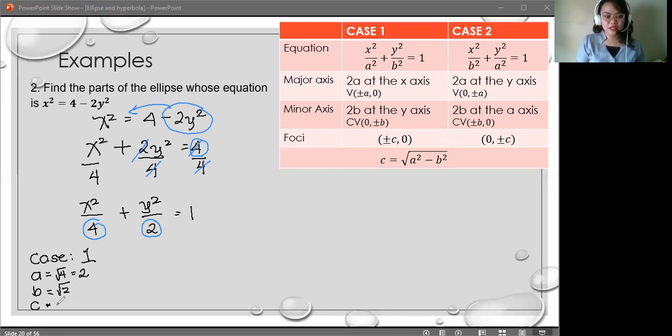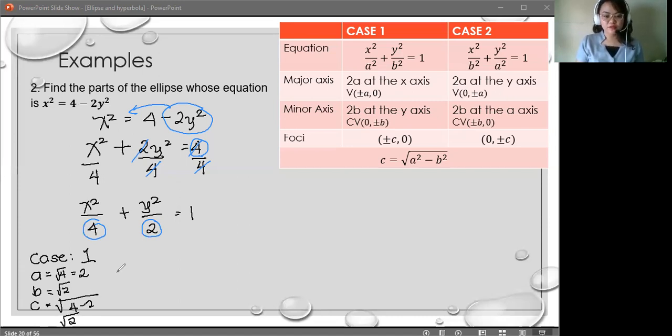And for letter c, it would be the square root of a squared minus b squared, or in this case, the square root of 4 minus 2, which is just c equal to the square root of 2. We now have the values for a, b, and c. Again, we have the square root of 2.